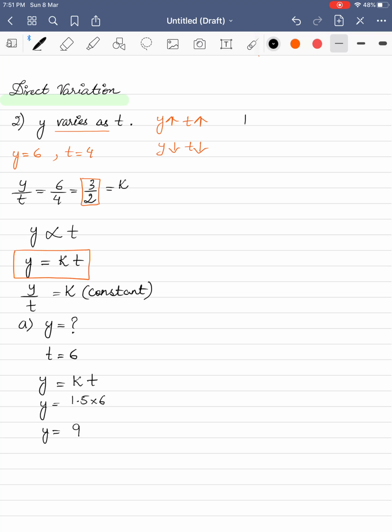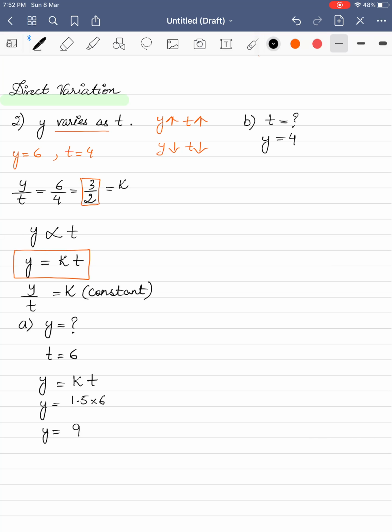Let's go to part B. Part B says, find the value of t. So t is equal to what? When y is 4. So y is 4. Again, we start with the same equation, so we can plug our values into this and find the unknown.